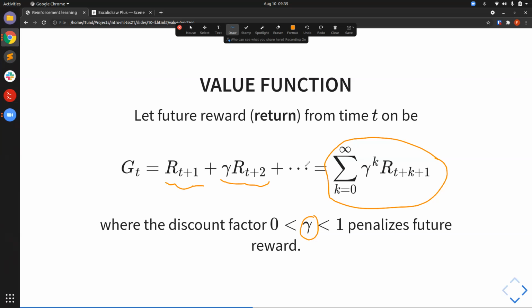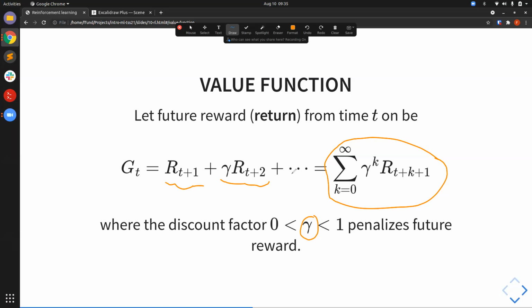Why might we discount future rewards? So in our expected return, the reward for time steps in the near future is larger than the reward for time steps in the far future.